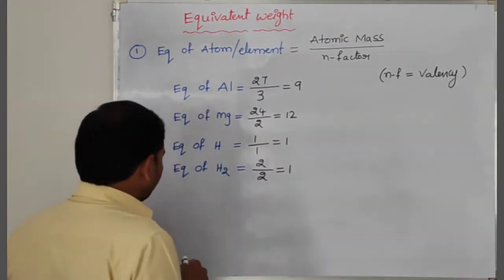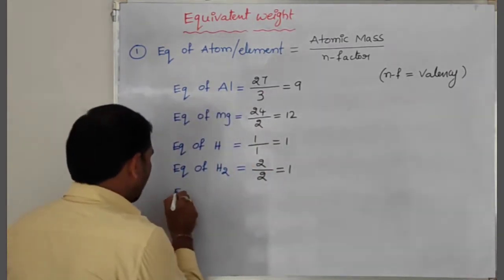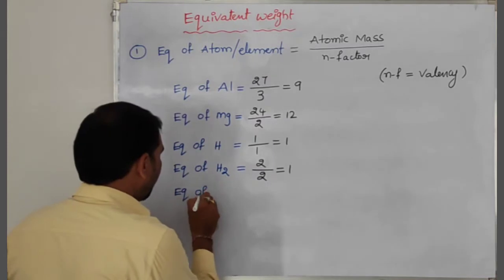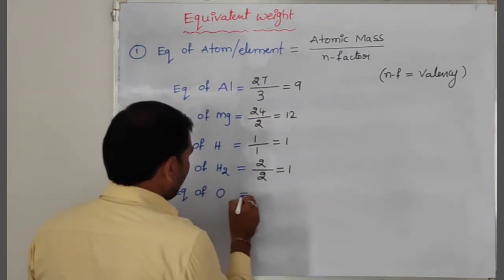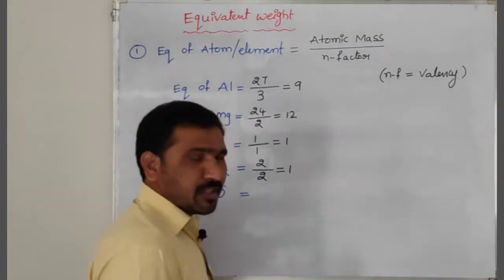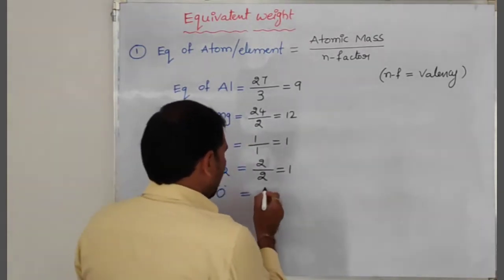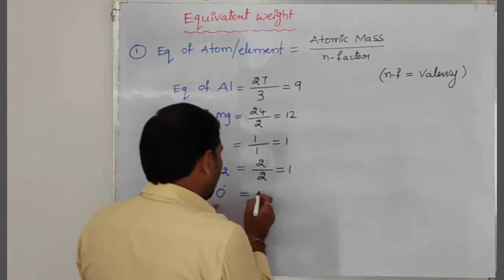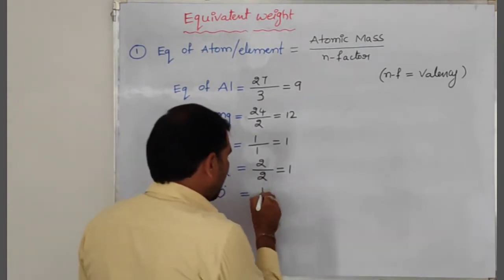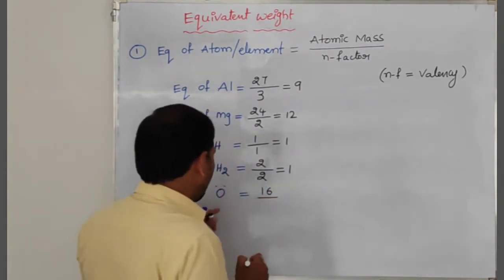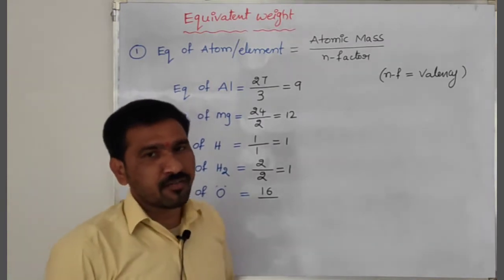Then like that, equivalent weight of oxygen. If we take the equivalent weight of oxygen, then the atomic weight of oxygen is 16 divided by n factor of oxygen.